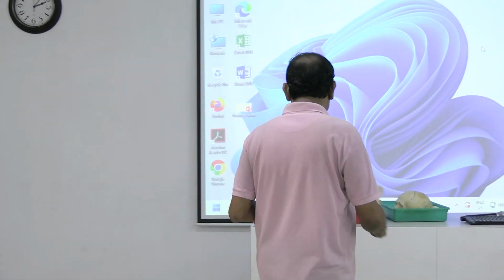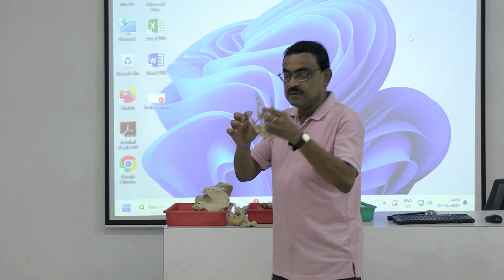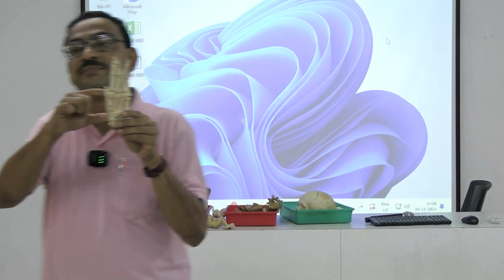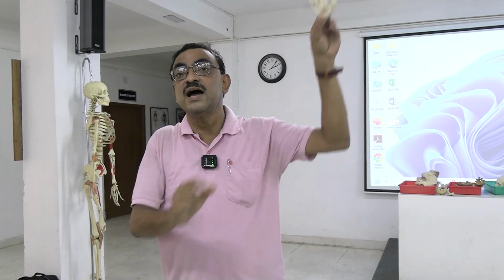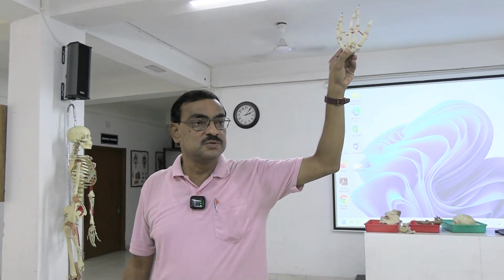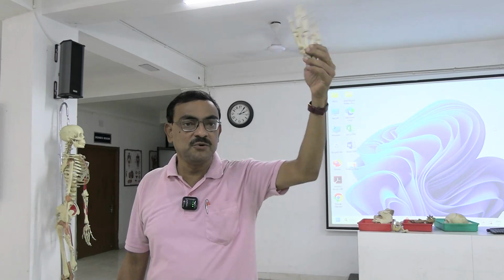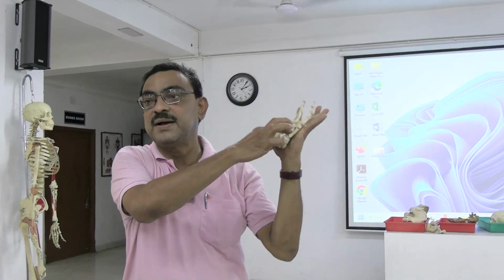Again, if I look here, these are the metacarpal bones. This is a hand, the articulated skeleton of the hand. So we get the metacarpals.